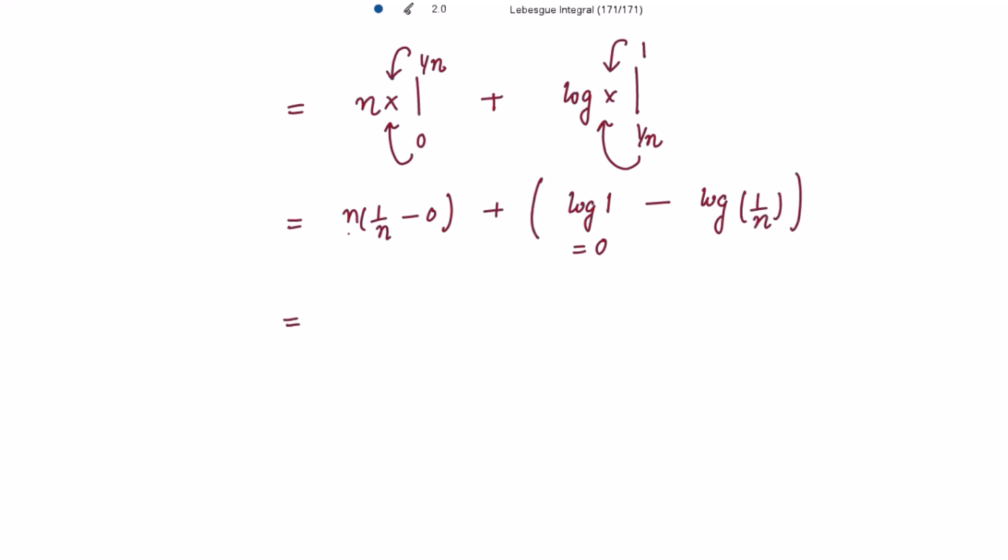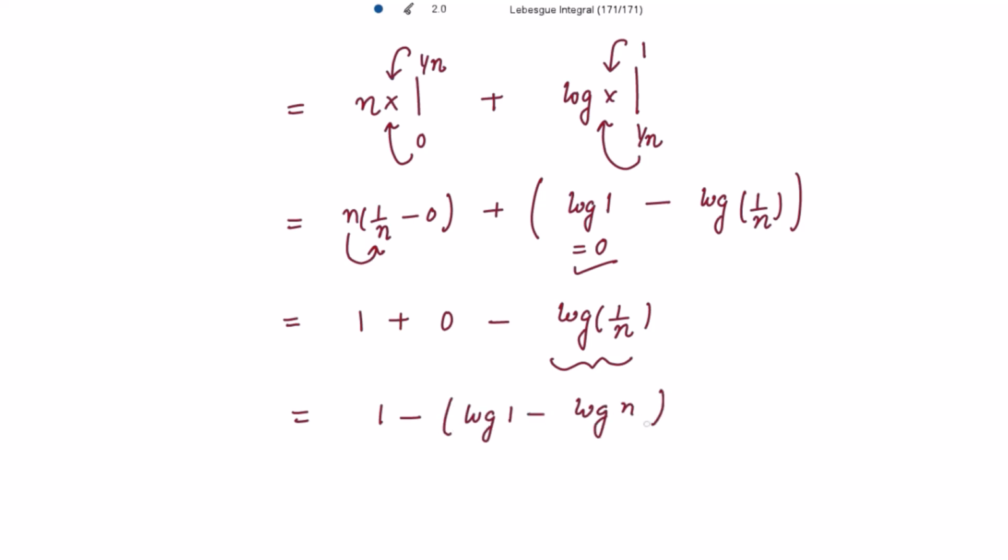So this is equal to n multiplied by 1 by n, we get 1, plus this is 0, minus log of 1 divided by n. I can write this further as log 1 minus log n. Log 1 is again equal to 0, and we have 1 plus log n for all n. So we have the integration of g_n(x) from 0 to 1 equal to this.